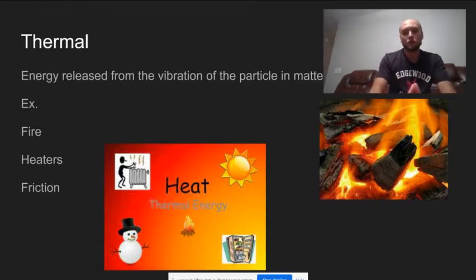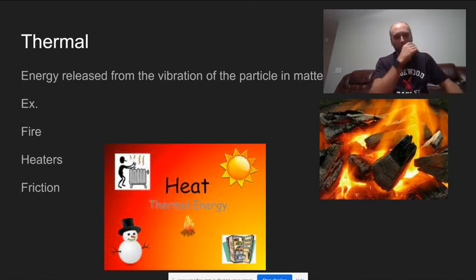So when we get to a unit called thermal energy next, we're going to learn that thermal energy is just the vibration of all the atoms in an object. Now, this feels like something very specific to us called heat or things like that. So we have a couple examples of thermal energy. If you want to add something on here that's not on this list, please go ahead.